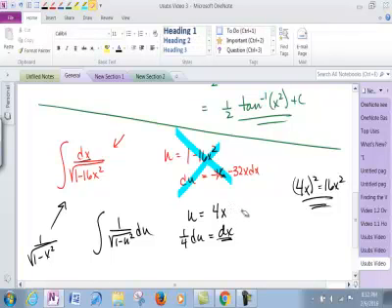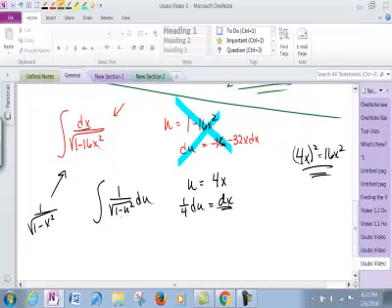Watch that. U is not 4x dx, it's 4x. So let's go back over that again. If u is 4x, then du is 4 dx, and 1/4 du is dx. When I substitute in here, the 1 minus 16x squared becomes 1 minus u squared under the square root.